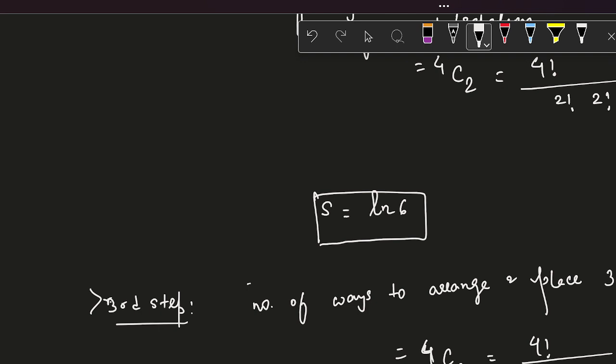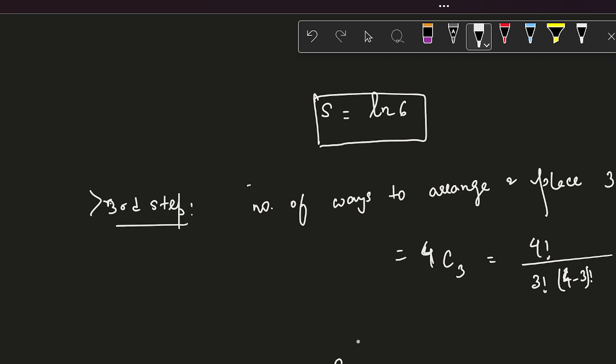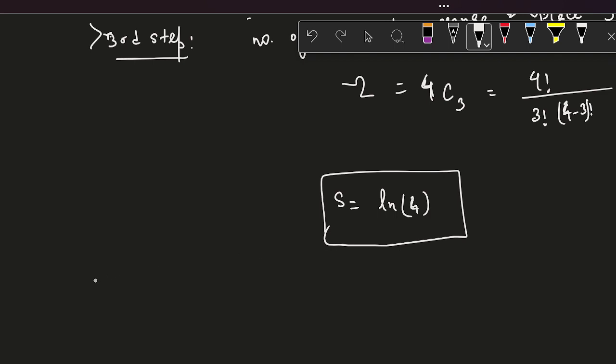So this is 4 into 3 factorial divided by 3 factorial into 1 factorial, which is 1. So this cancels out, and this is just 4. So in this case your S equal to K ln omega. So this was your omega. So omega is 4. So S equal to just ln of 4 for this third step.